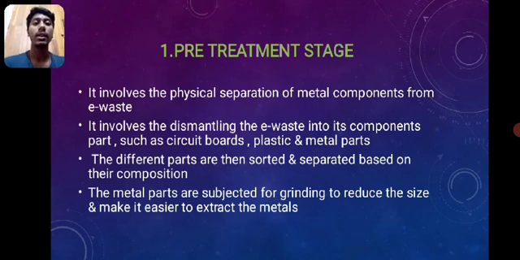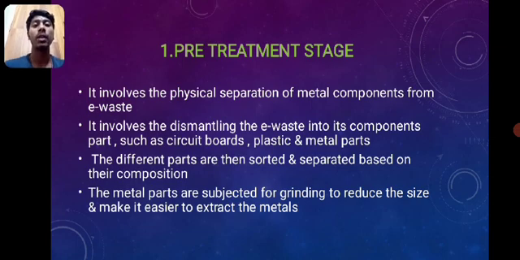Pre-treatment stage. It involves the physical separation of metal components from electronic waste, as usual in the hydrometallurgical method. It involves dismantling the electronic waste into component parts, such as circuit boards, plastic and metal parts, which are separated.